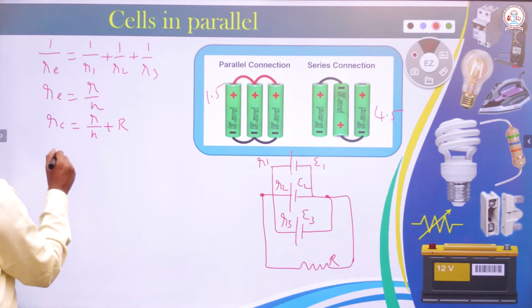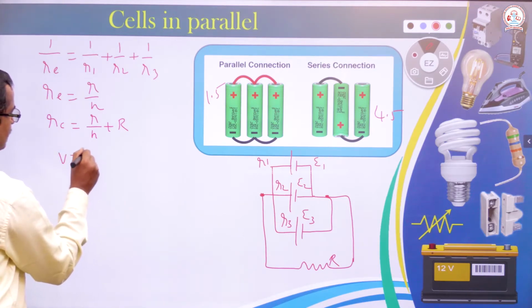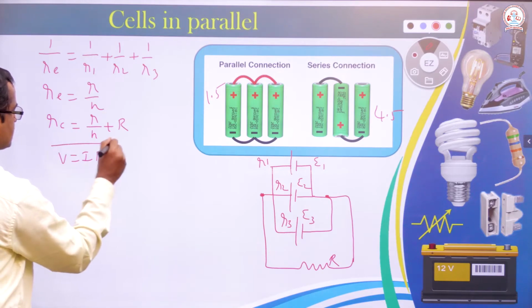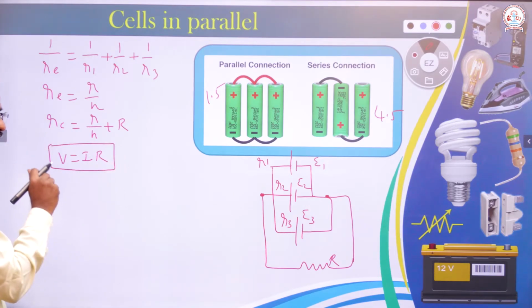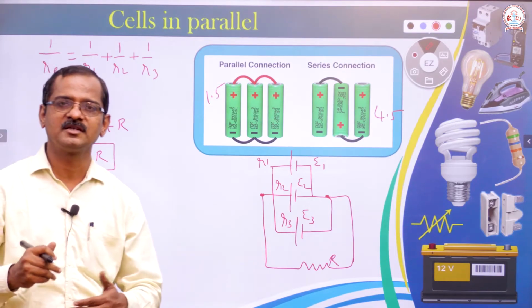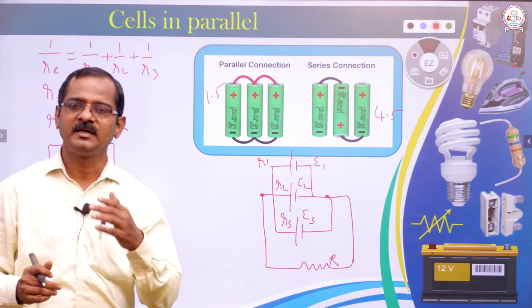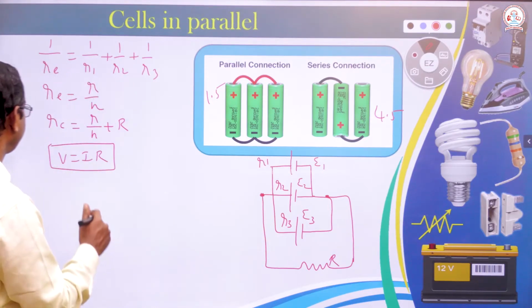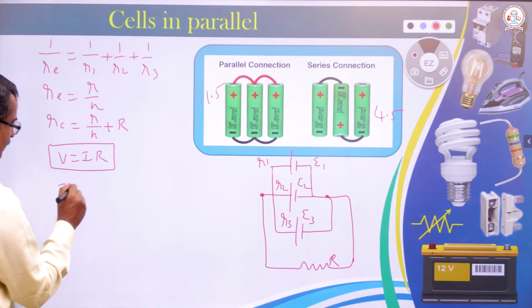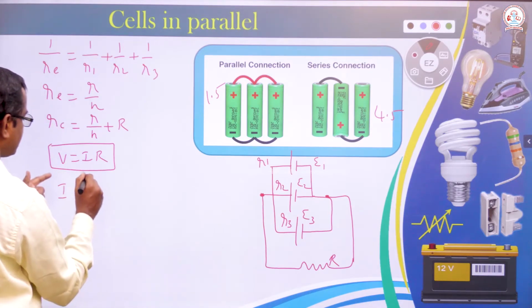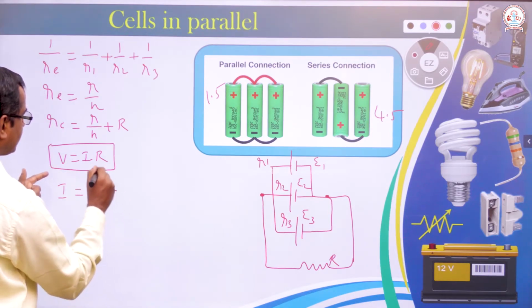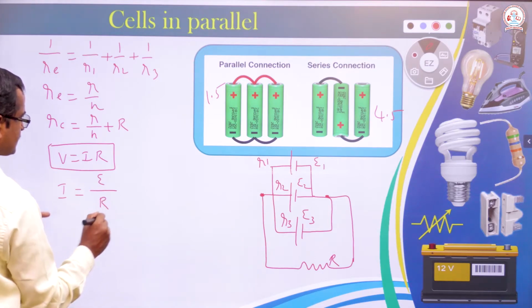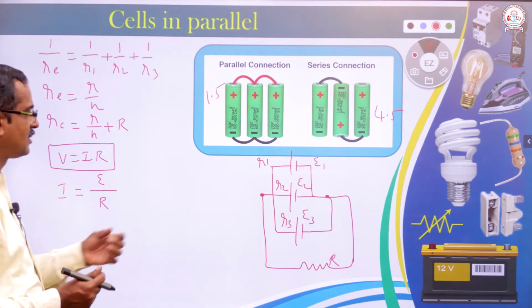Then apply Ohm's law, V equal to I into R: steady current flowing through a wire is directly proportional to the potential difference between its two ends when temperature remains constant. Current drawn from the circuit, I, is equal to epsilon divided by R.